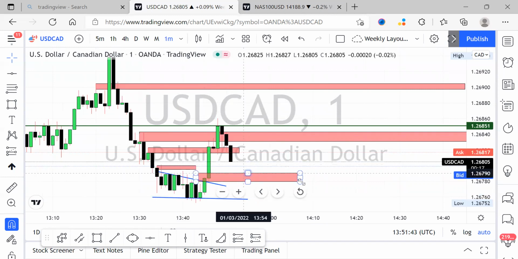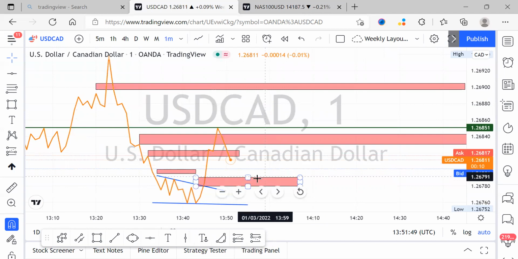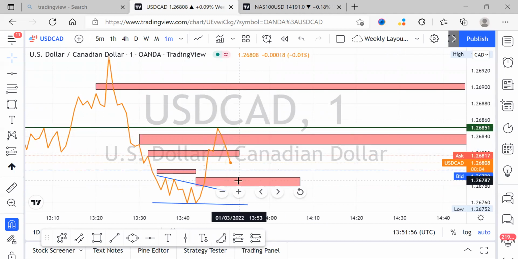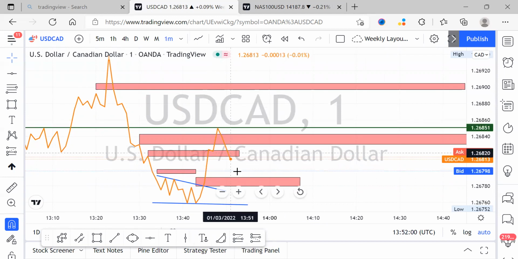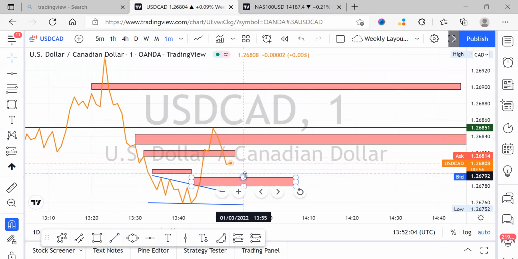Let's go back to our line chart. The price hasn't made any pullbacks, so it's a continuation. Using the line chart gives you more flexibility to stay in the trade than with candlesticks.